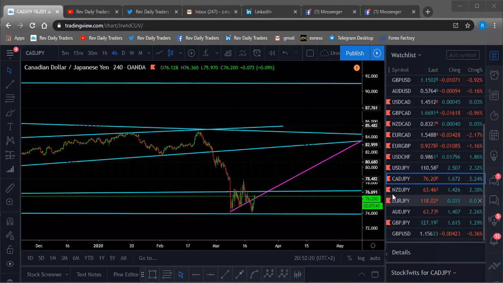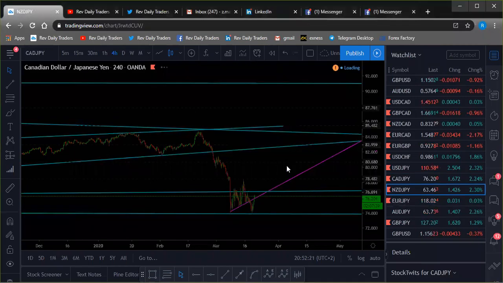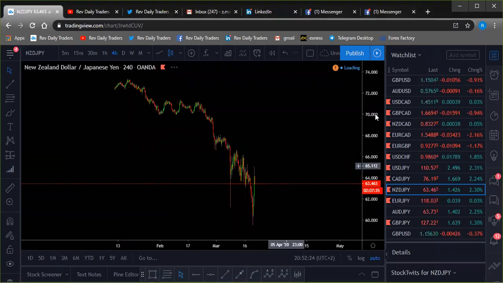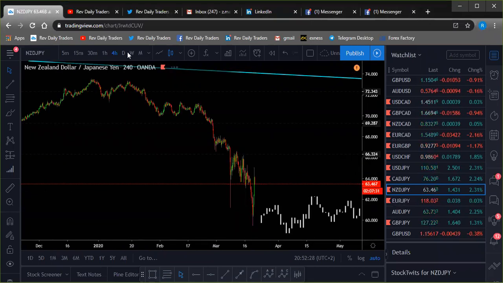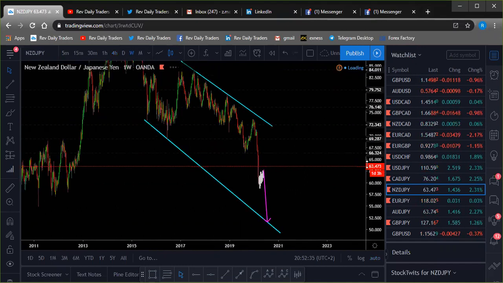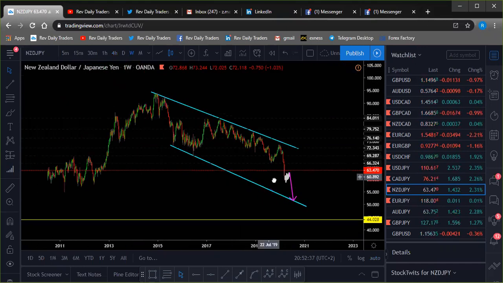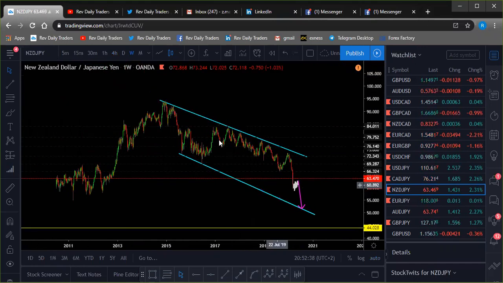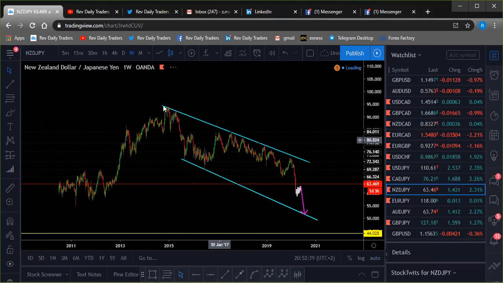we'll go to another currency pair, NZD yen. Okay, NZD yen, we are expecting a correction there. Seeing this kind of pattern.